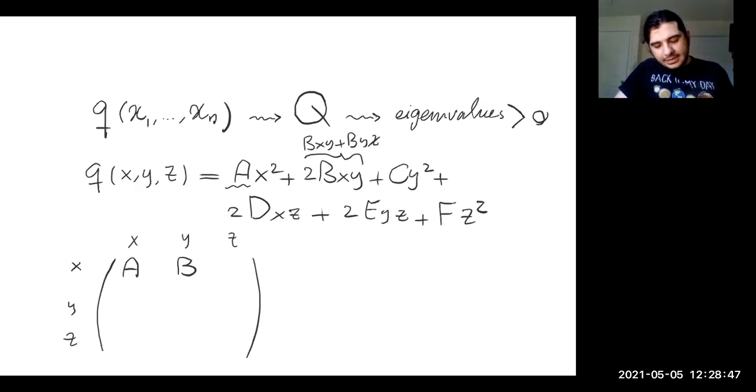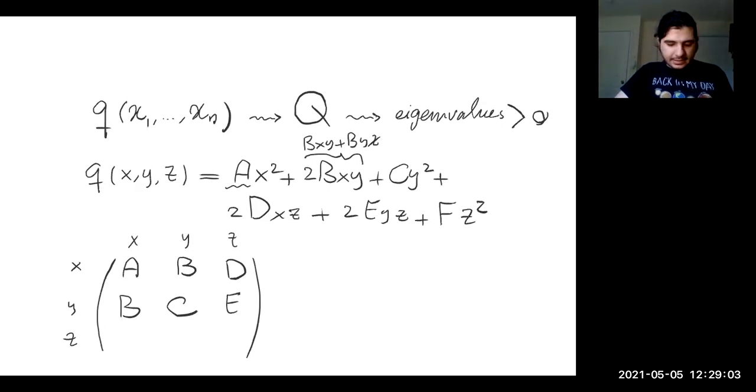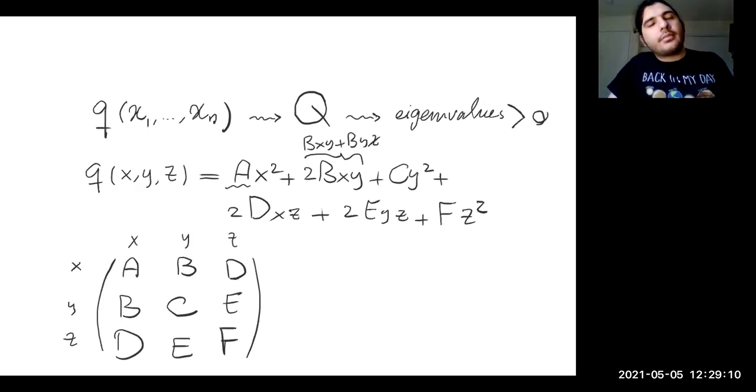In this place for x, z, I would write d, because this 2dxz is dxz plus dzx, right? And then yx would be b, yy would be c, yz is e, zx is d, zy is e, and zz is f. And I need the eigenvalues of this matrix to be positive.